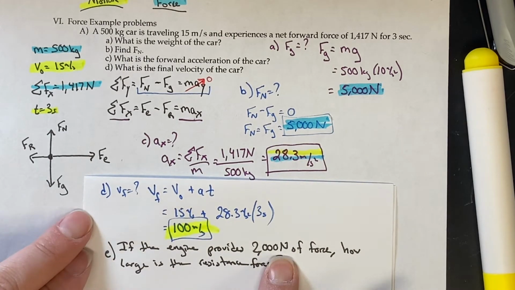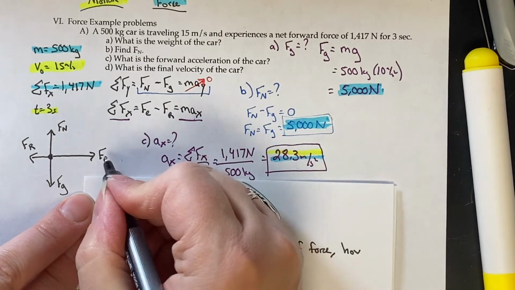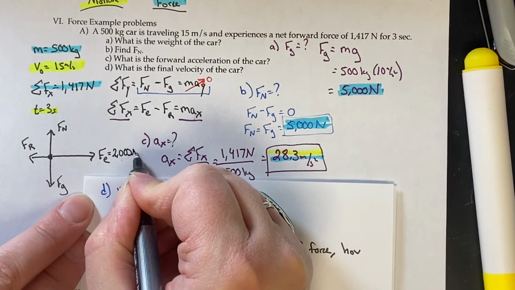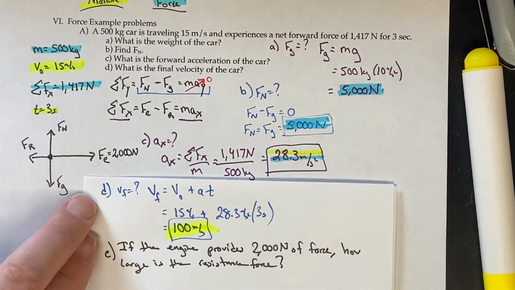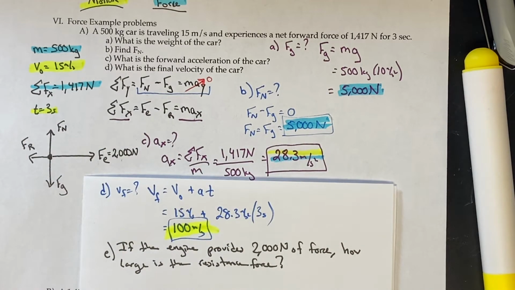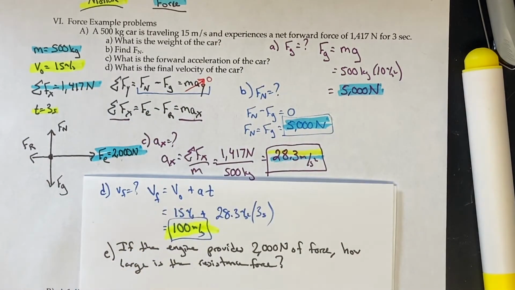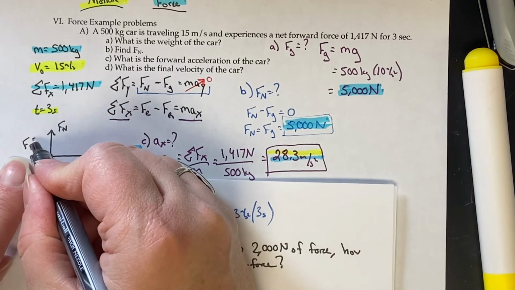So 2,000 newtons of force is this engine force, and I can go ahead and label that in my free body diagram if I'd like. It helps me organize everything. And that is a force value, so I'm going to highlight that in blue. We're looking for the resistance force. We're looking for this force over here.